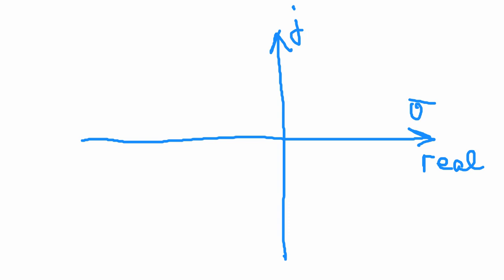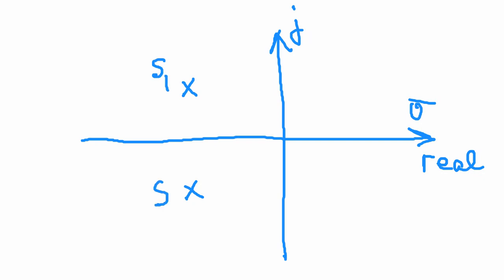And assume that for a constant K value, your poles are located like this. But when you change K, your poles, this one is S1, for example.